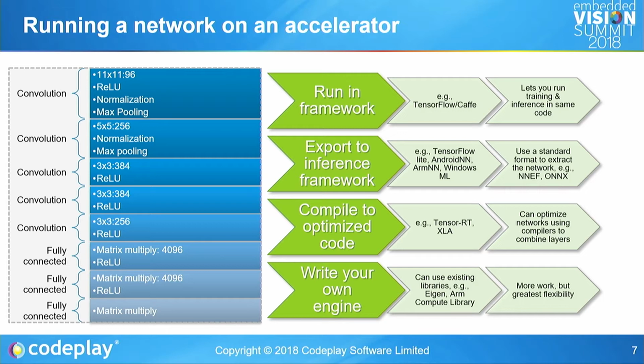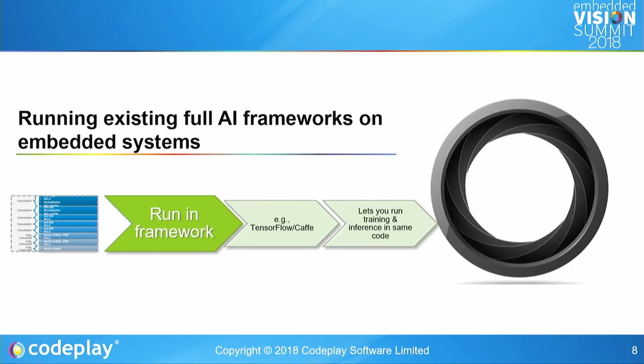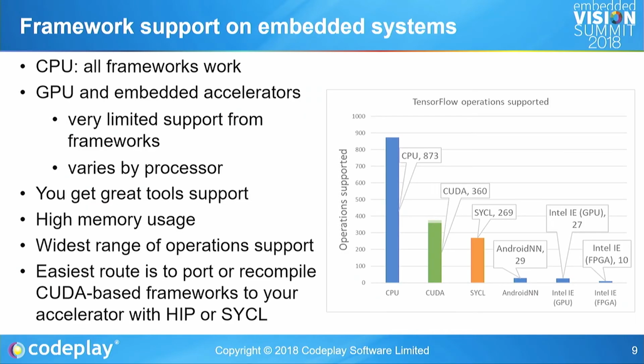So on the left, I've got a typical network. I think it's AlexNet. And on the right, you might want to run in your existing framework, so you might just want to run in TensorFlow or Caffe. The advantage of that is it lets you do the training and inference on the same code. But it's a big application. It might need to be shrunk down to run on a device.